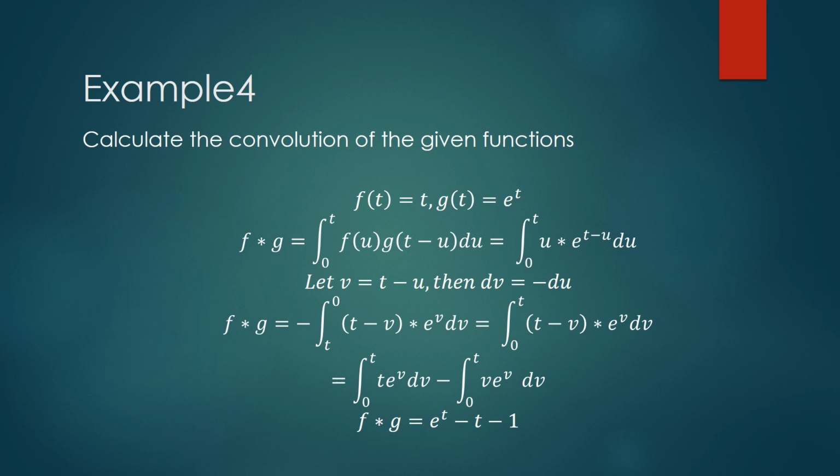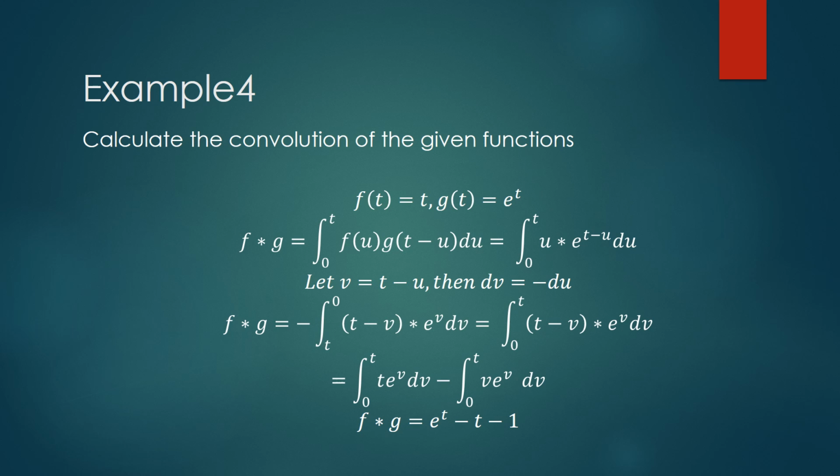f convolved with g equals negative integral from t to 0 of (t minus v) times e to the v dv, and it is equal to the integral from 0 to t of (t minus v) times e to the v dv. And this equation can be separated into two parts.